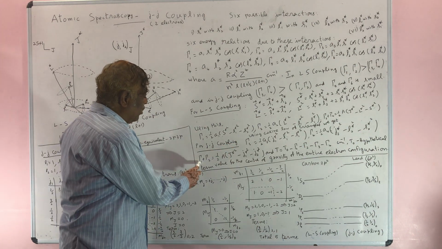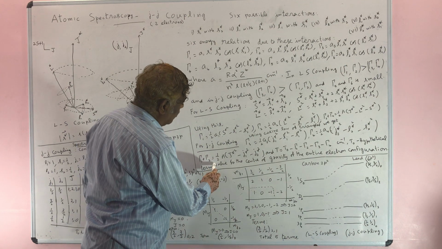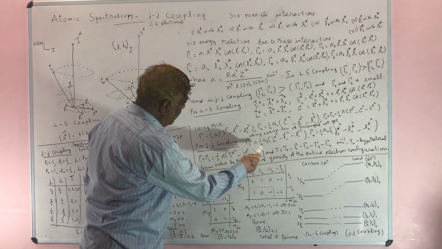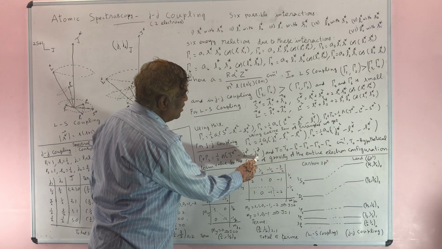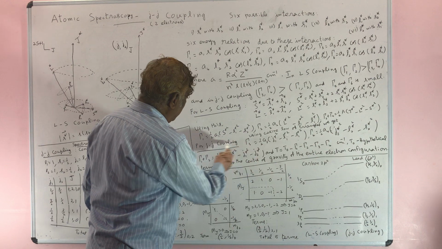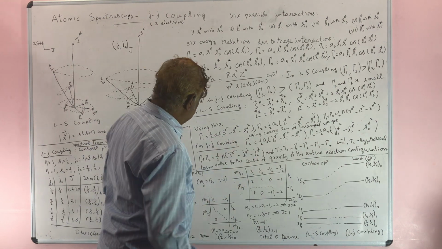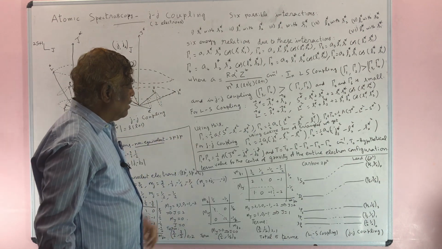Gamma 1, gamma 2 can be obtained, which is equal to half A into J star square plus J1 star square minus J2 square. This is usually a small value, because gamma 3, gamma 4 are dominant in JJ coupling.